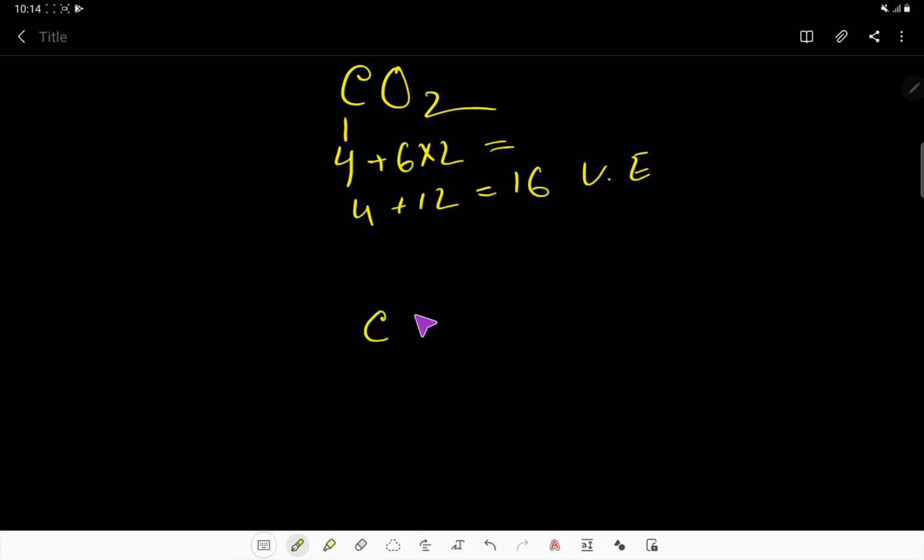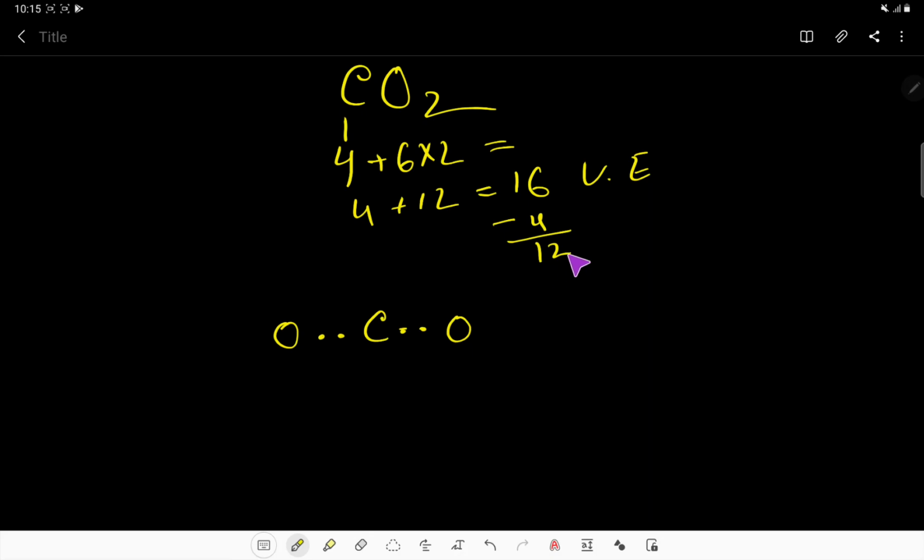Carbon is the central atom because it is the least electronegative atom. So oxygen will be the outer atom. So at first, to connect these 2 atoms with carbon, we have to use these 4 valence electrons. So already we have used 4, so we have 12 valence electrons left.